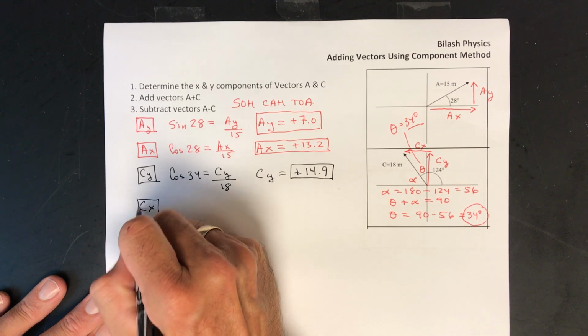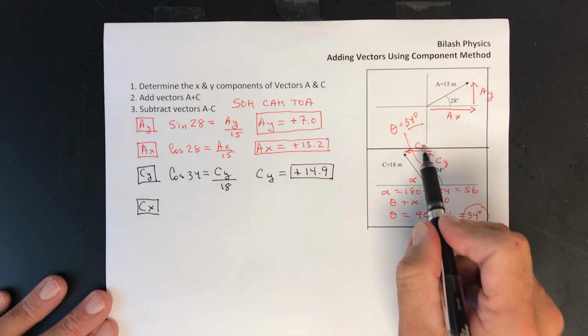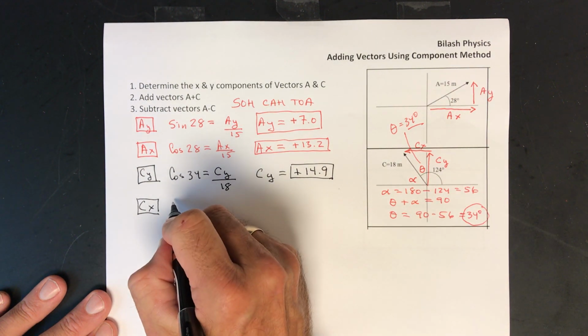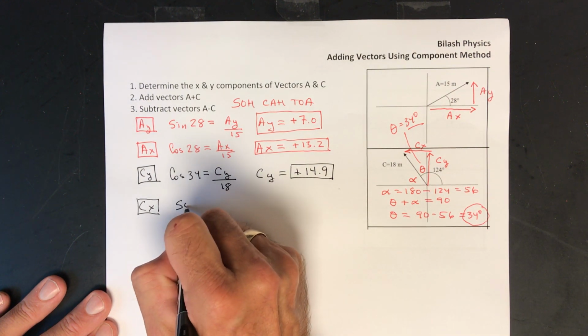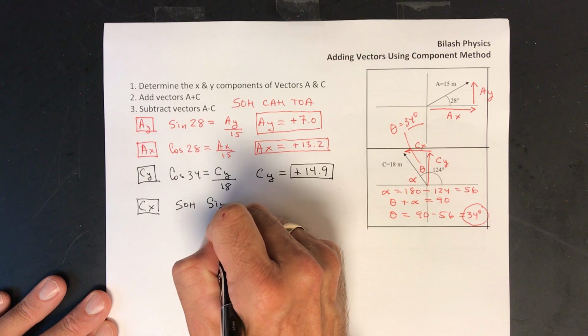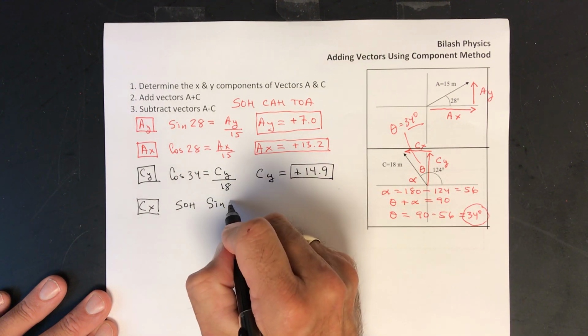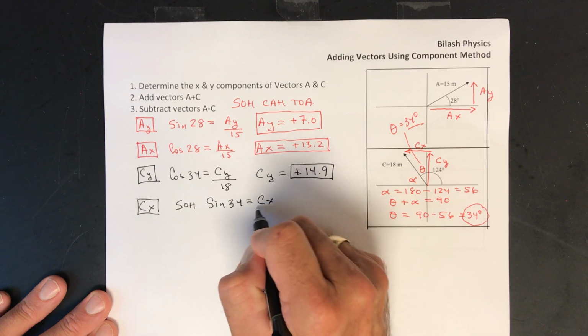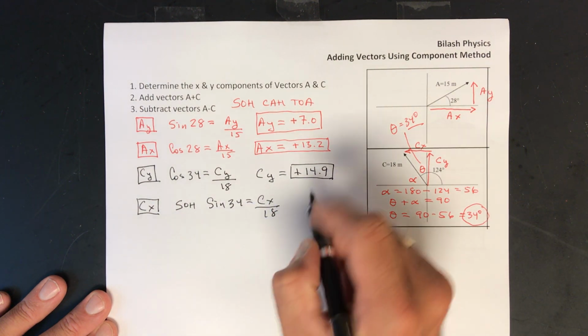Now CX. CX lies opposite theta, so that would be the sine function. The sine of the angle 34 is equal to CX divided by 18.